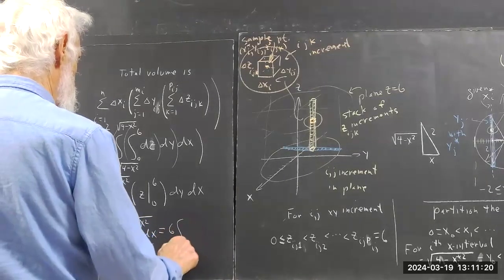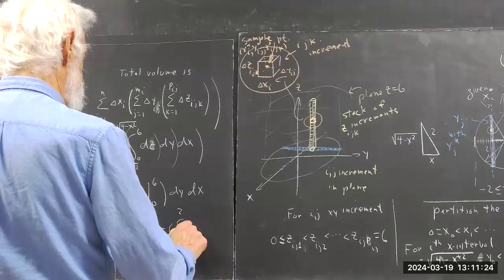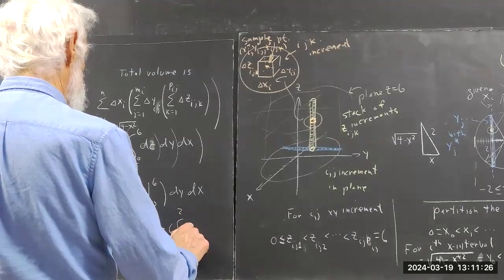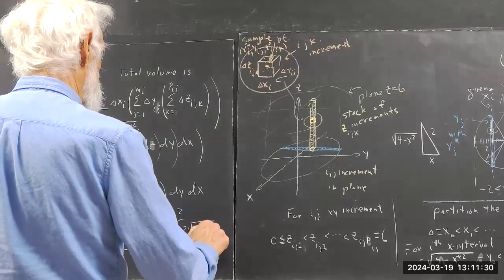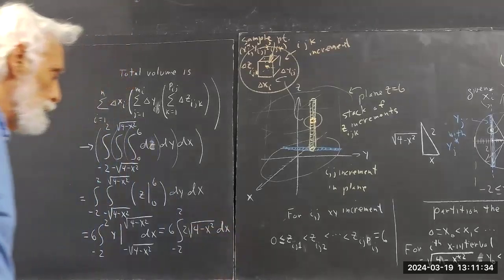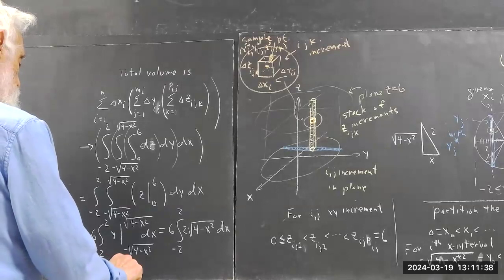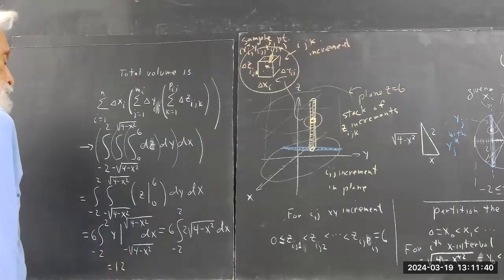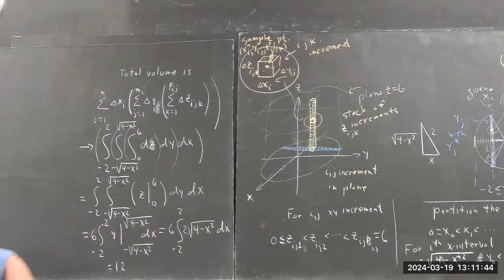That's going to be 6 times the integral from negative 2 to 2 of two times the square root of 4 minus x squared dx, which is 12 times this integral. At this point, I don't want to get into the details.